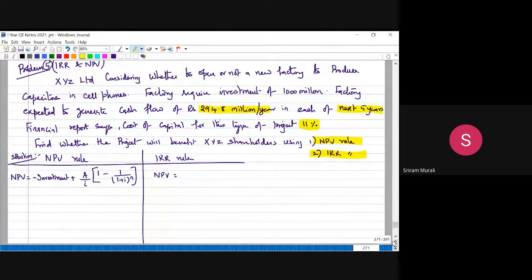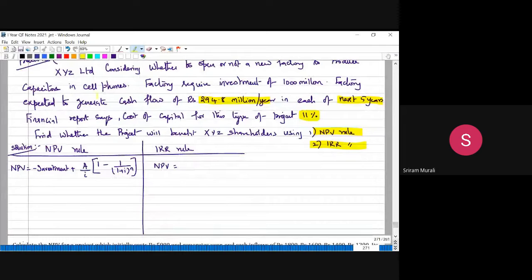So first let us use the NPV rule. It is minus investment, which is minus 1,000 million they invest, plus A by I into 1 minus 1 by (1 + 11%) to the power 5. This formula is nothing but the present value annuity, PVA.